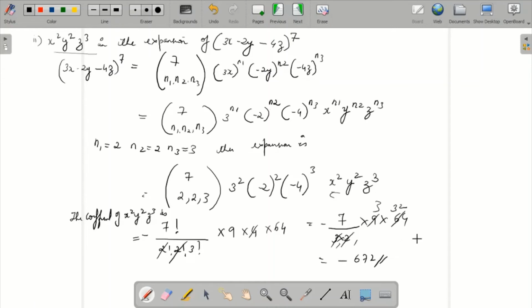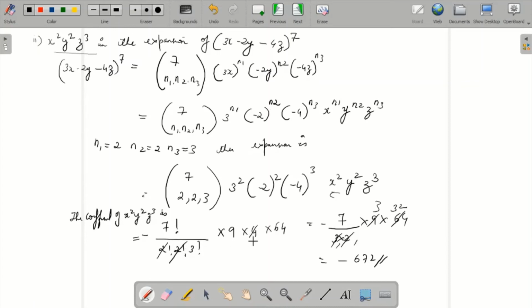So you'll get the answer as minus 672, I guess. I'll cross verify once again. 7 over 2, 3, 3, square minus 2 whole square is this, and minus 4 cube is the answer. So here 3 square is 9, minus 2 square is 4, and 4 cube is 64. So I took minus out. Here it is 7 factorial divided by 2 factorial by 2.